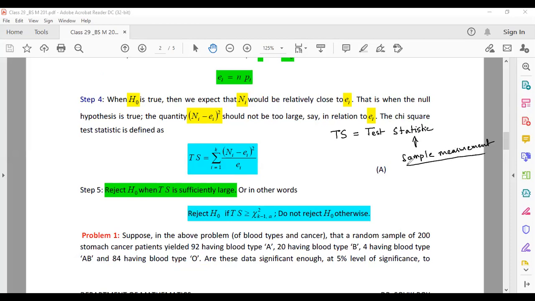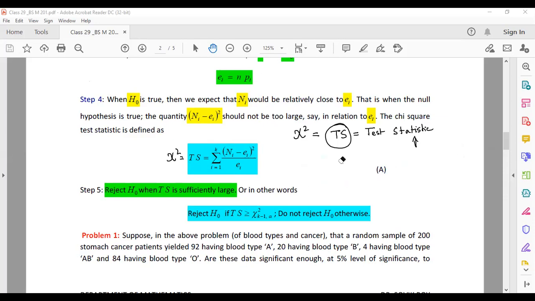And any sample measurement which is testing your hypothesis is called a test statistic. In this case, the test statistic is chi-square. Yesterday we did TS where TS was Student's t. Last week we did TS where TS was Z, and so on. So if you have any problem, you can write the word chi-square over here. No problem with that.